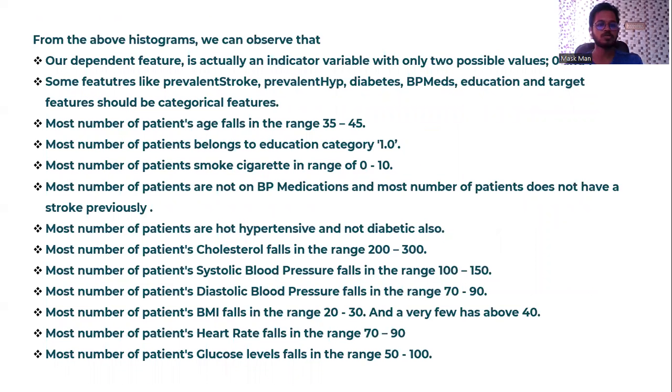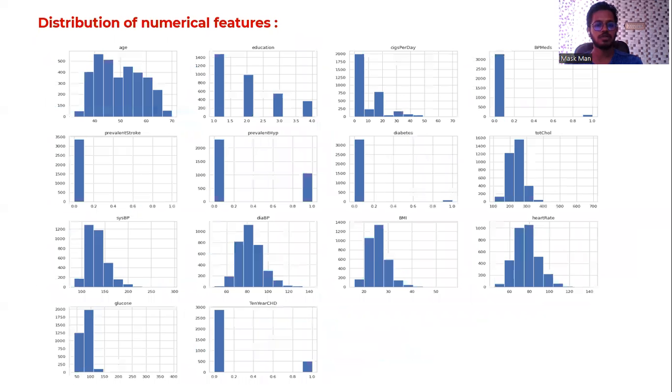From these distribution plots, we can observe that the most number of patients' age falls in the range of 35 to 45, and the most number of patients belong to education category 1, and most patients smoke cigarettes in the range of 0 to 1 per day. Very few patients smoke more than 40 cigarettes.